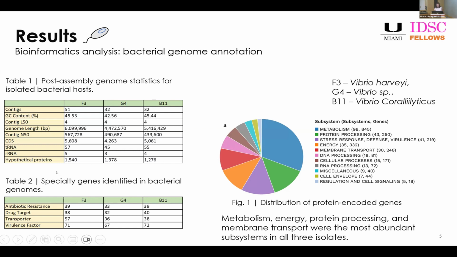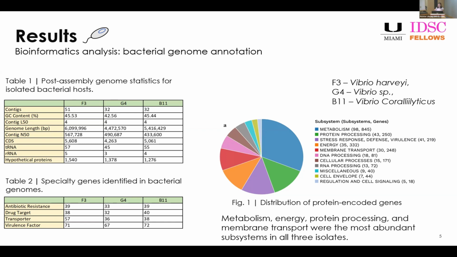I also looked at the specialty genes using these annotations, and some of them were similar to genes that might be responsible for encoding antimicrobial resistance, or for products that might be gene targets or drug targets, or those that might be involved in virulence.